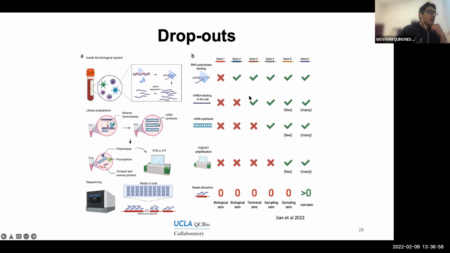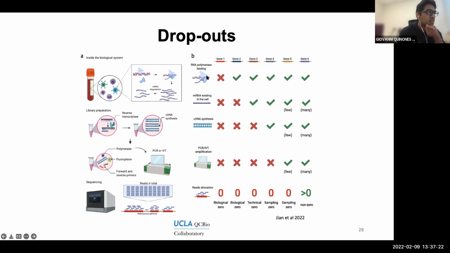Let's start from panel B. We're going to look at some of the reasons why. As you can see in panel B, we have 6 genes over here, and we're going to explore the reasons why these genes may or may not have a measurement.